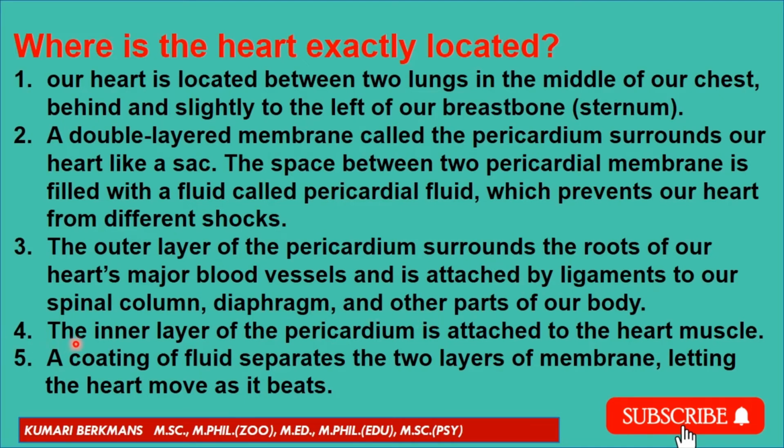Fourth point, the inner layer of the pericardium is attached to the heart muscle. Fifth point, a coating of fluid separates the two layers of membrane, letting the heart move as it beats. That is, the coating of fluid, the pericardial fluid present between the two layers of the pericardium, makes our heart move very easily.